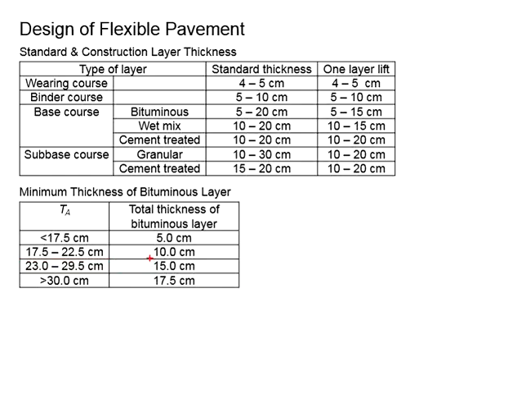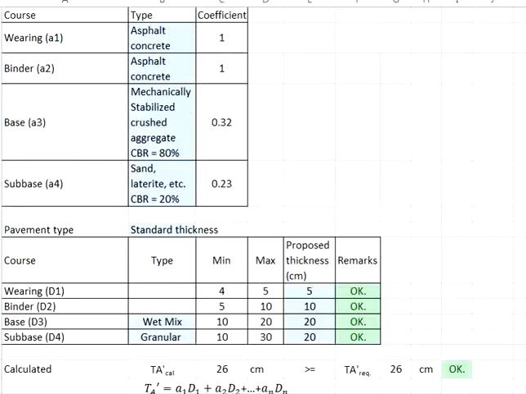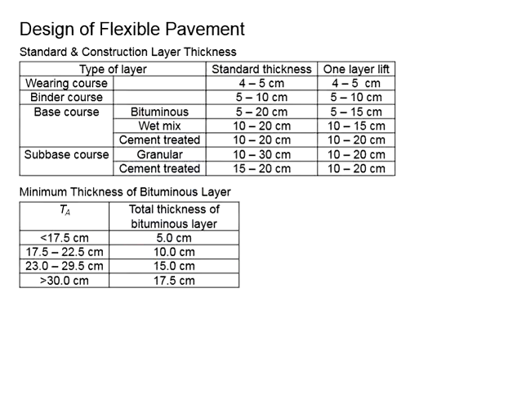You will need at least 15 cm bituminous layer. Coming back to the proposed thickness here, the wearing course and the binder course are asphalt concrete. That gives 15 cm, which meets the requirements of the minimum thickness of bituminous layer.